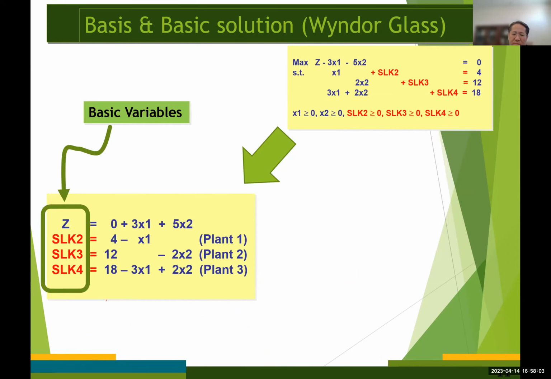The system of equations represented by the table has been solved for the basic variables, which are z, s2, s3, and s4, slack 2, slack 3, slack 4, in terms of the non-basic variables, which are x1 and x2.